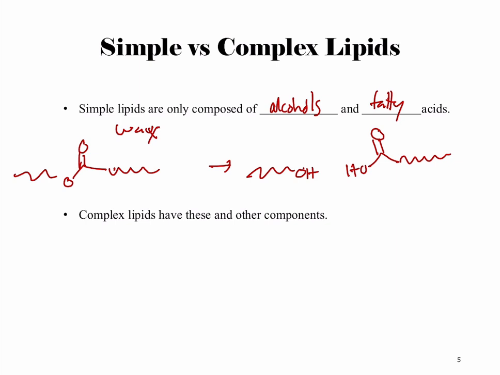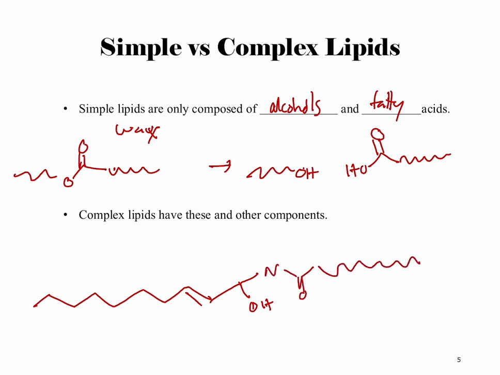So if we have a sphingosine backbone, for example, this can then form an amide bond with a fatty acid, which will then also form a phosphoester with perhaps an amino alcohol.